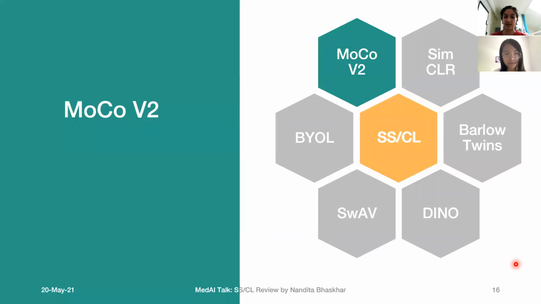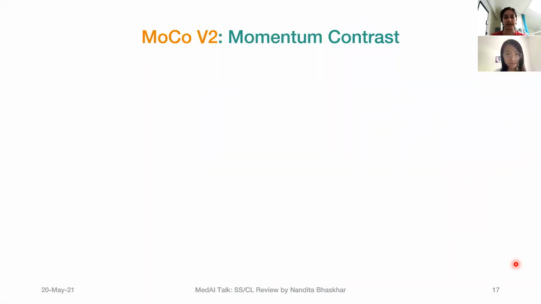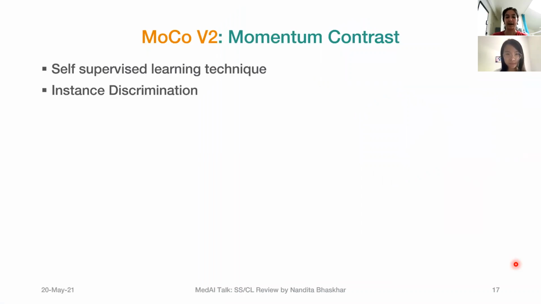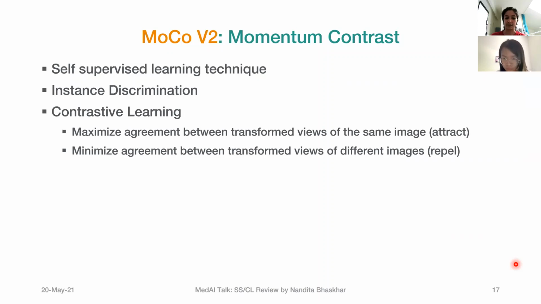Okay, so the next one I'll be talking about is MoCo version 2, which stands for momentum contrast. And again, it's also a self-supervised learning technique, and it also performs the same instance discrimination task as I talked about before, and also has the same loss function where it wants to attract views of the same image and repel views of different images.